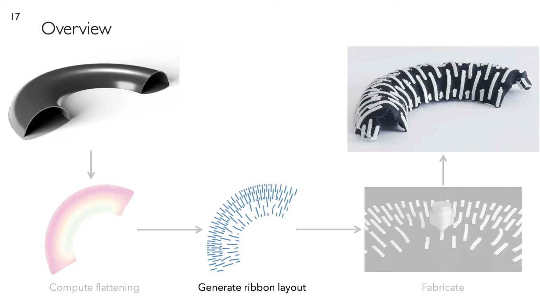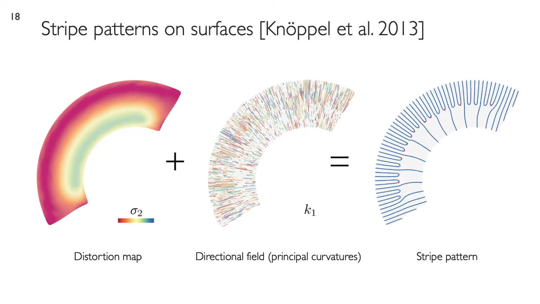Now onto the pattern generation part. So to lay out our ribbons on the surface, we use the stripe patterns algorithm, which generates a pattern of curves whose spacing depends on local frequency values.